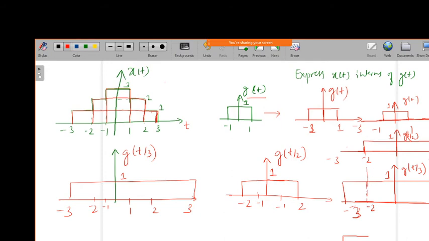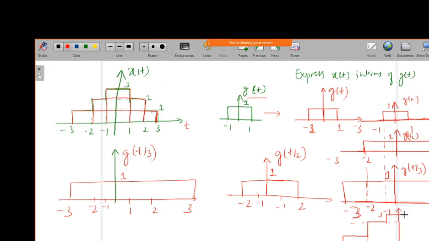So now 1 plus 1 will become 2 from minus 2 till what value? Till the value of minus 1, because one more signal will add at minus 1. So now at minus 1, what will happen? 1 plus 1 plus 1 will give 3, and here the amplitude value is 2.